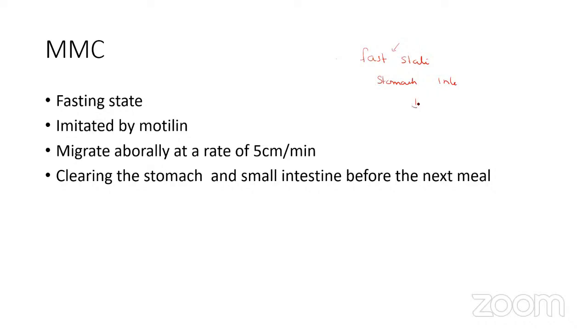So it is known as the housekeeper of the GIT, and it is initiated by a hormone known as motilin. All these are important, and its rate is 5 centimeter per minute.